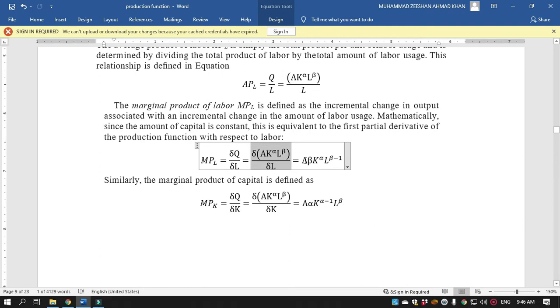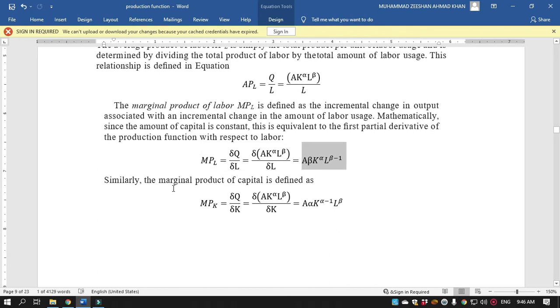So that becomes like that. You can see that beta is multiplied by A, and 1 is subtracted from beta. This is the partial derivative of the function. So this term can be called the marginal product of labor.